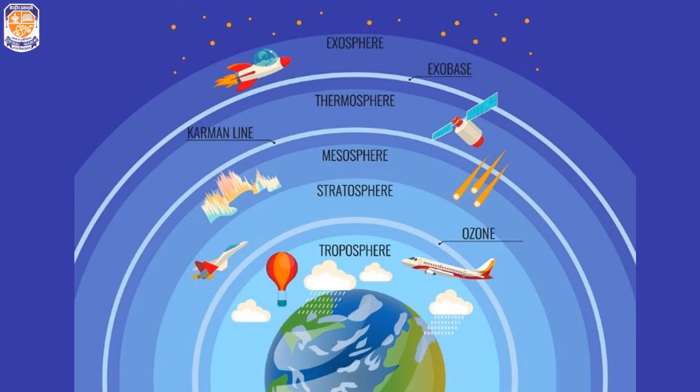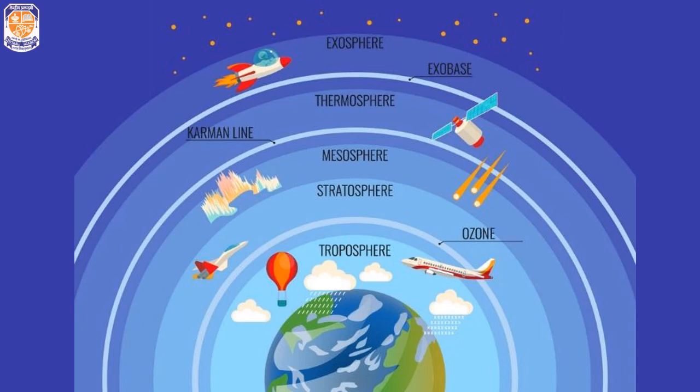The exosphere starts at around 500 kilometers and stretches into space beyond 10,000 kilometers. It is the coldest layer, with a temperature as low as minus 170 degrees Celsius. The atmosphere in this layer gradually fades into vacuum. Vacuum means that which has no air at all.